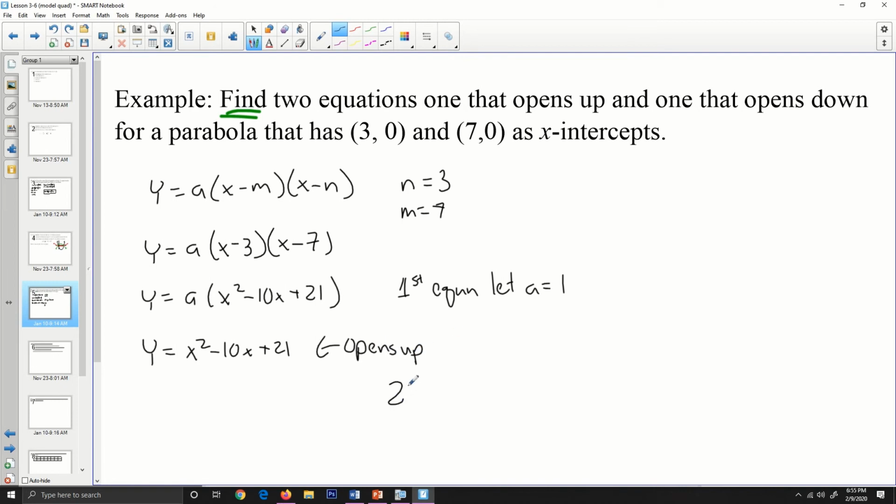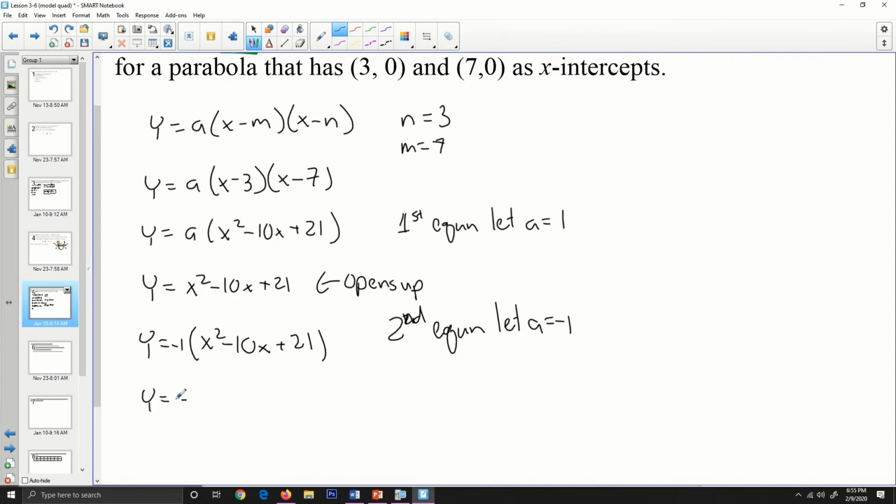And then for my second equation, let a equal -1. So I'll go y equals -1 times x squared minus 10x plus 21, and we'll go y equals -x squared plus 10x minus 21. And those will be my two. This one opens down.